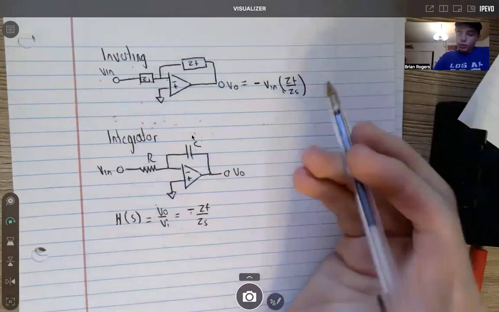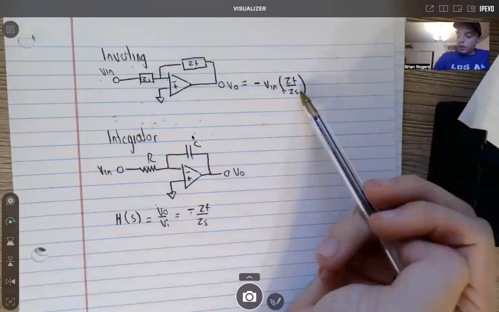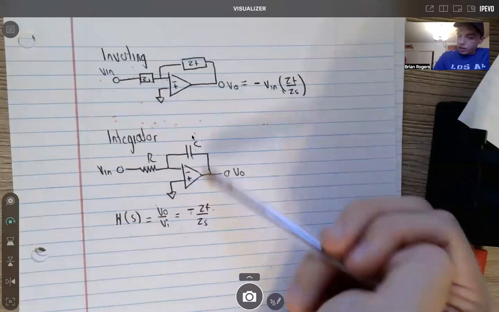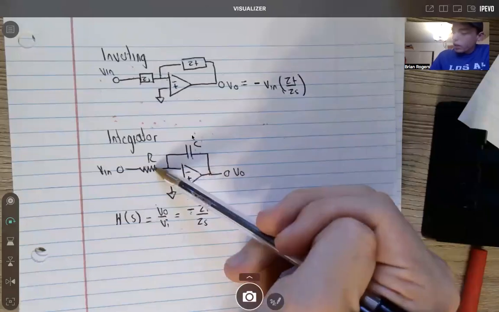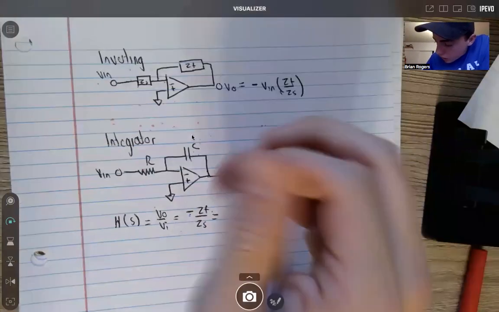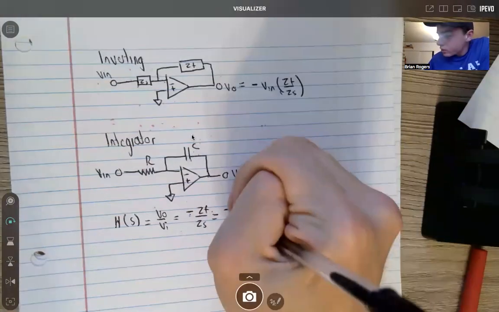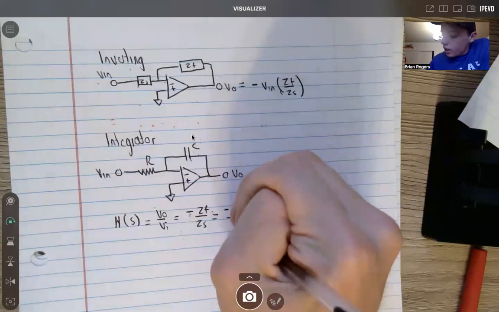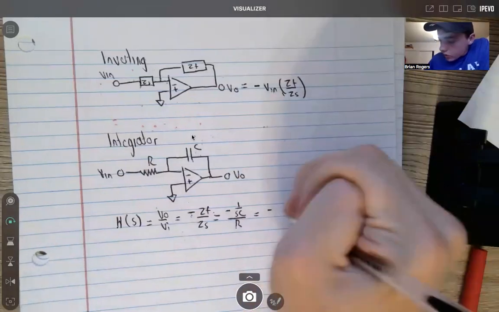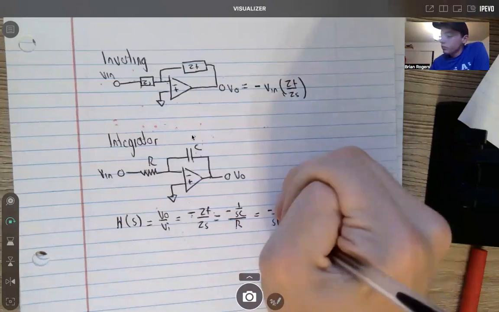Same as the inverting op amp, but now we have a capacitor here and a resistor. So I'm going to input their specific impedances in here. So it's -1 over SC all over the resistance R, and so this is equal to -1 over SRC.